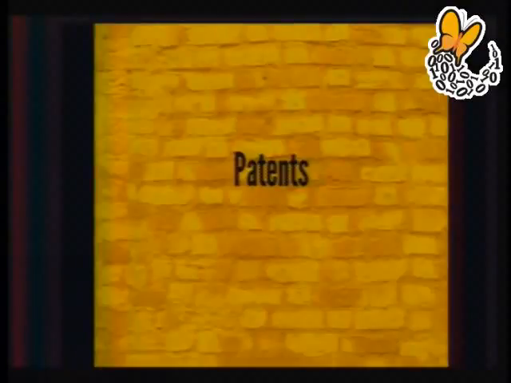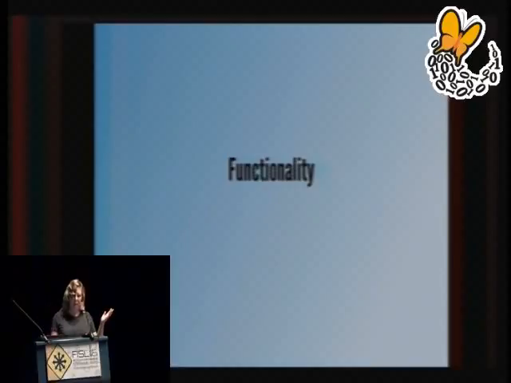So I did say I would talk about patents next, right? Patents, you can think of them as the functionality. If we use our website analogy, where we have the style sheet for the trademark, like how it looks, and we have the content, like all your thoughts and ideas, then the functionality is, what does your website do?